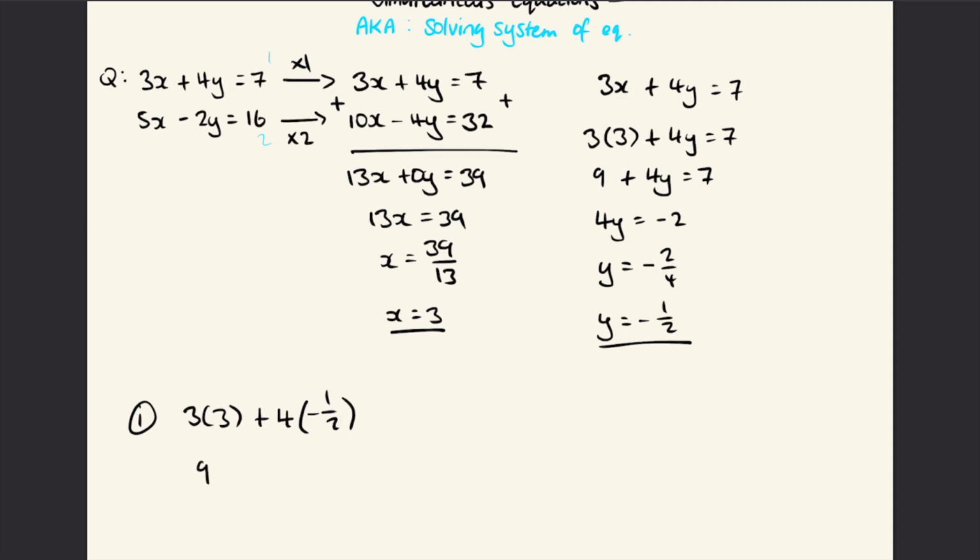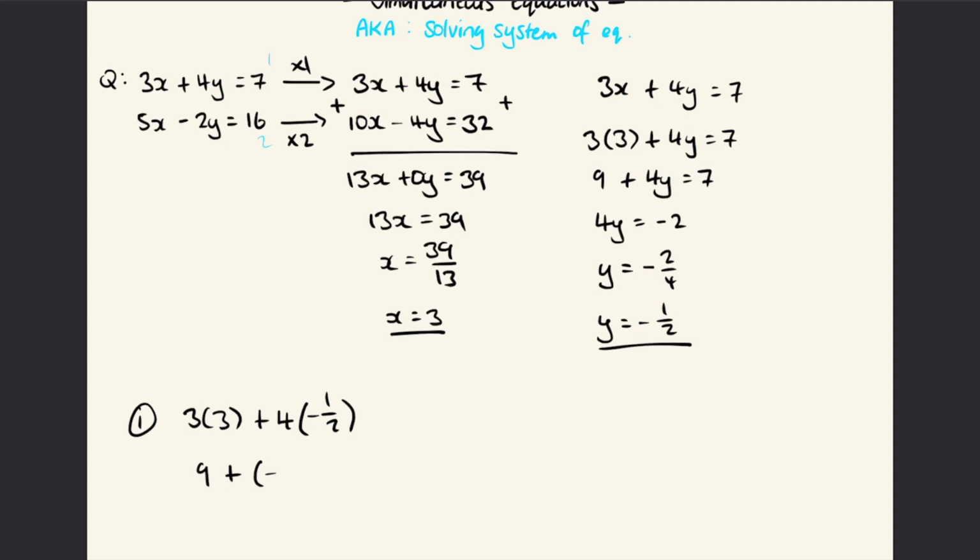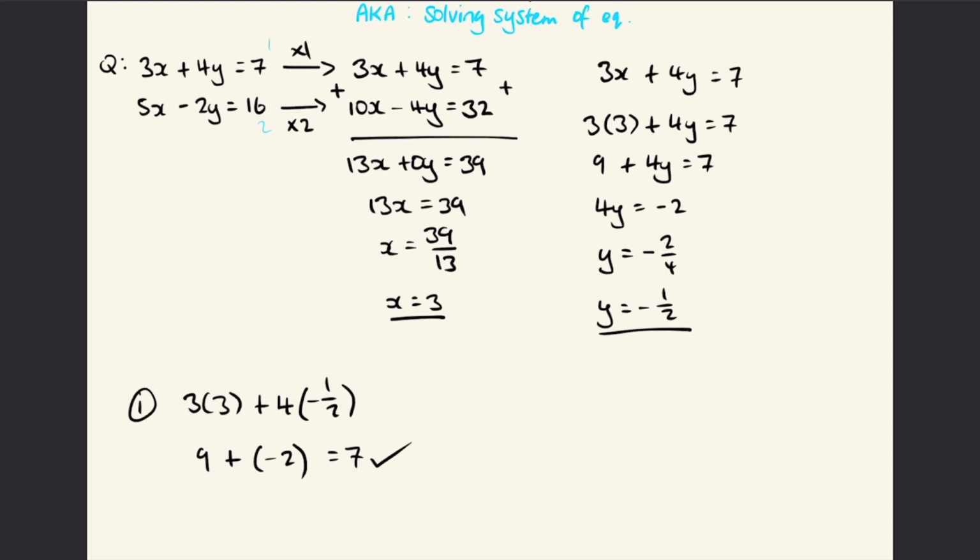So 9 plus minus 2. Plus and minus makes it minus, which equals 7. So this is correct. For the second equation, we have 5 times 3, because it's 5x, minus 2 times minus a half. So you get 15, and minus 2 times minus a half is plus, because minus times minus becomes positive. So you get plus 1, which equals 16, which is also our answer.